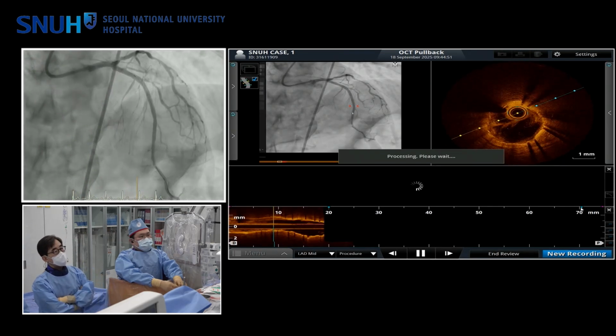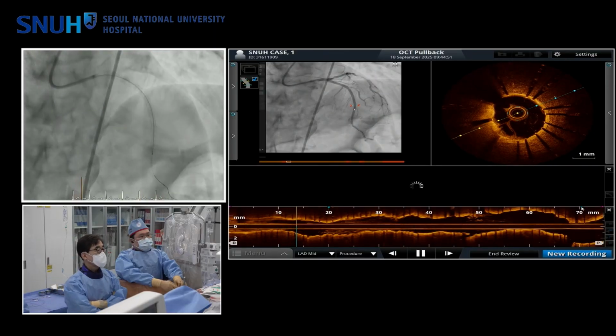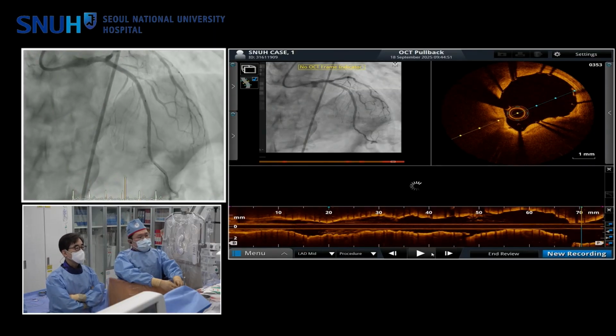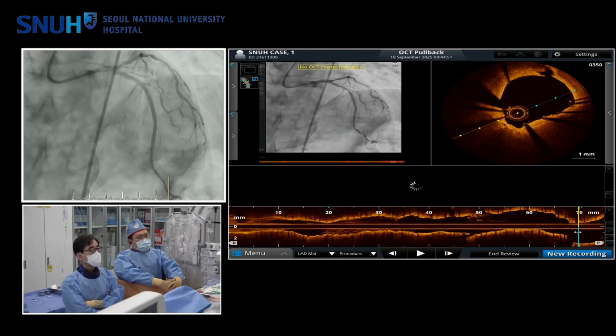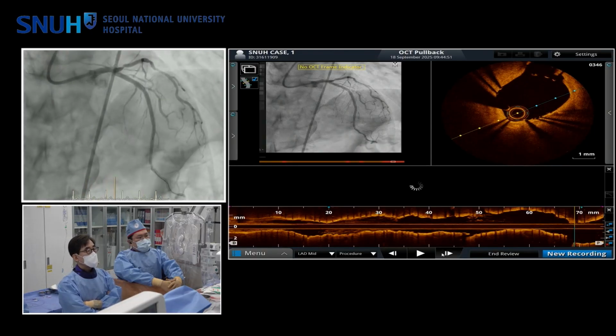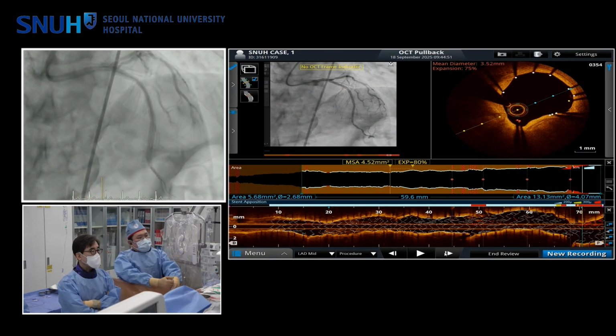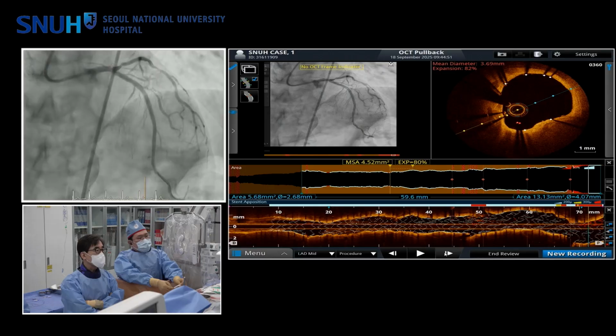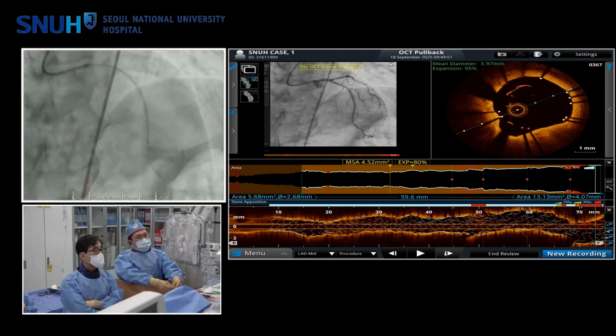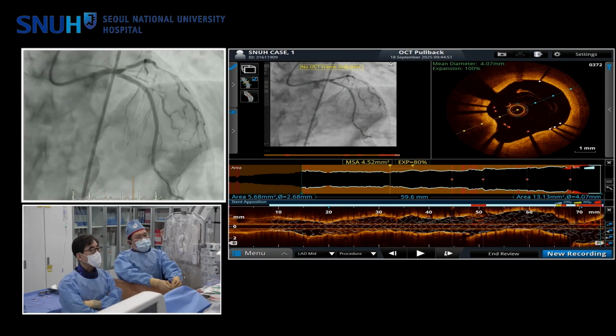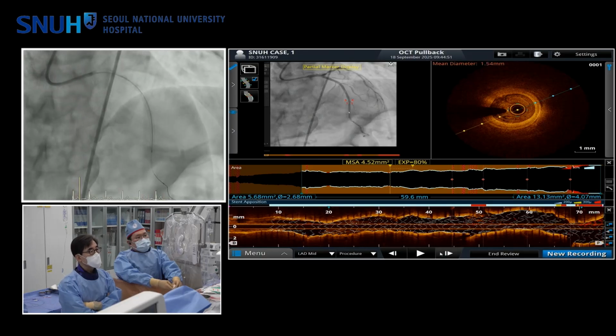Minimal MLA was 1.3, changed to 4.5. Here is the distal left main final image. We can see some shadow at the 7 o'clock, but not well demarcated because of the destruction.